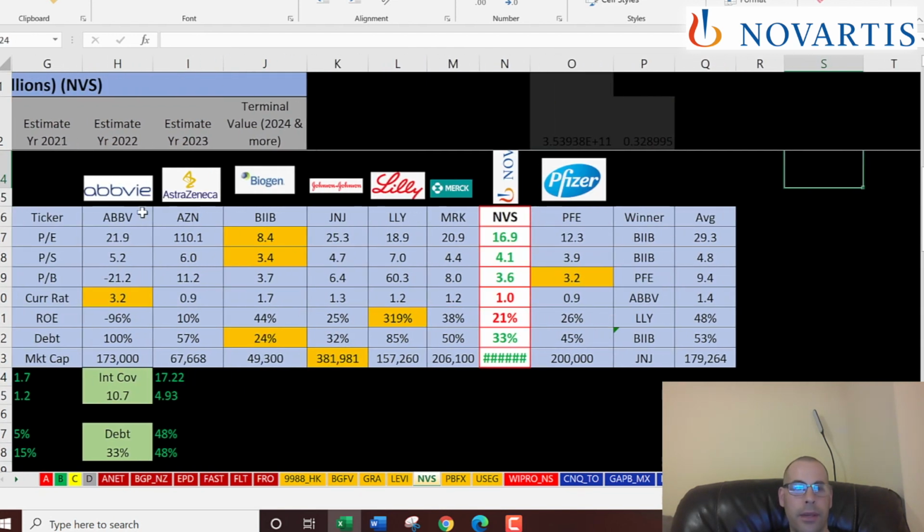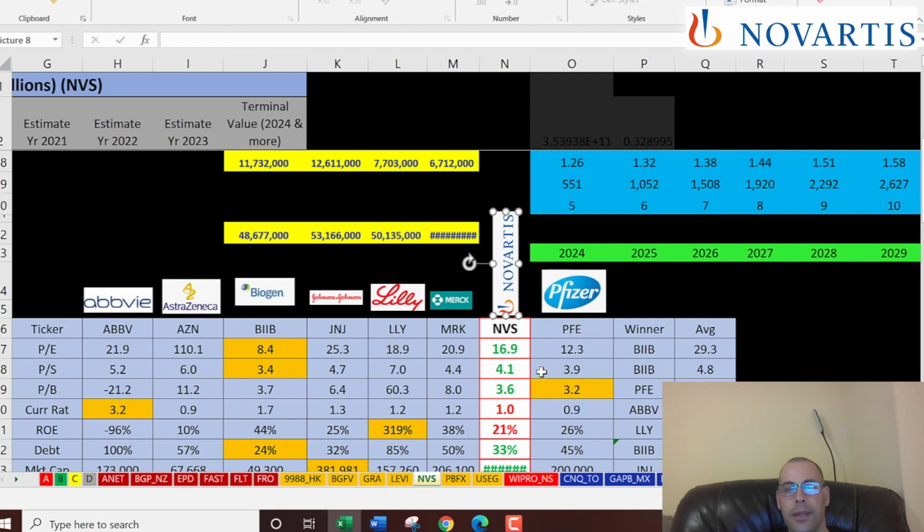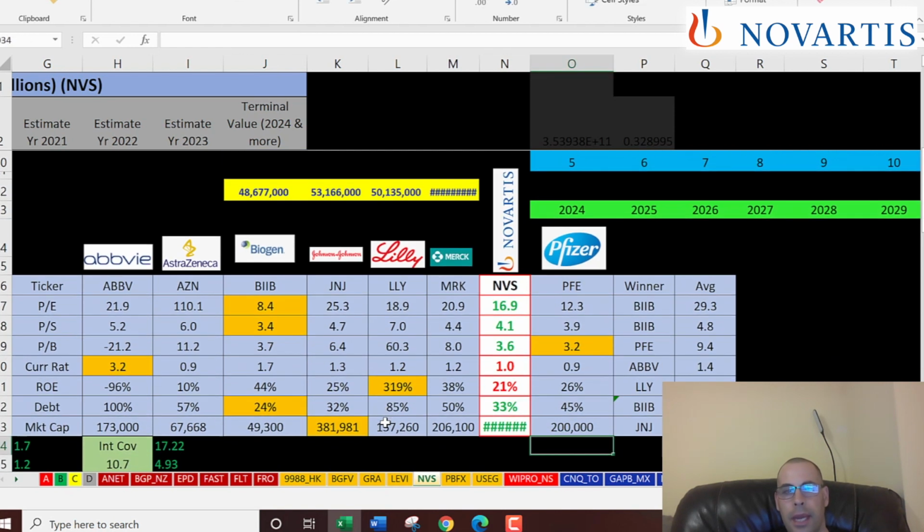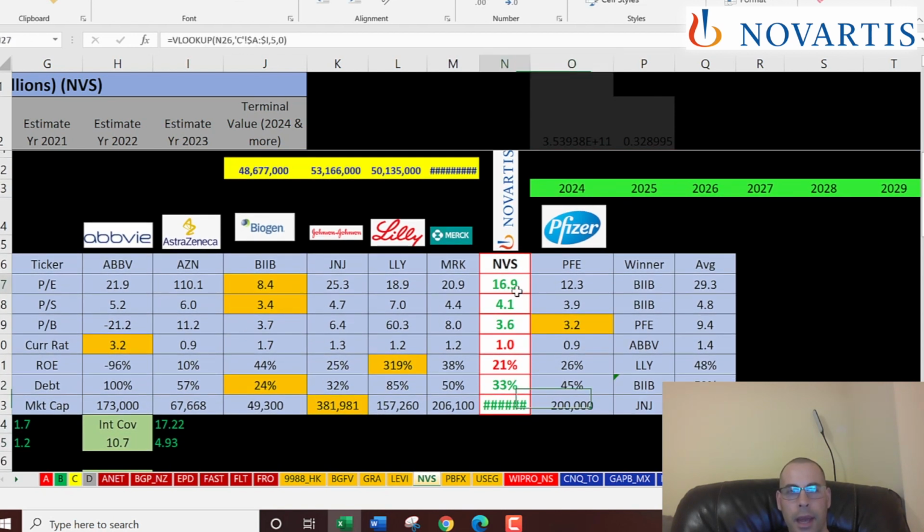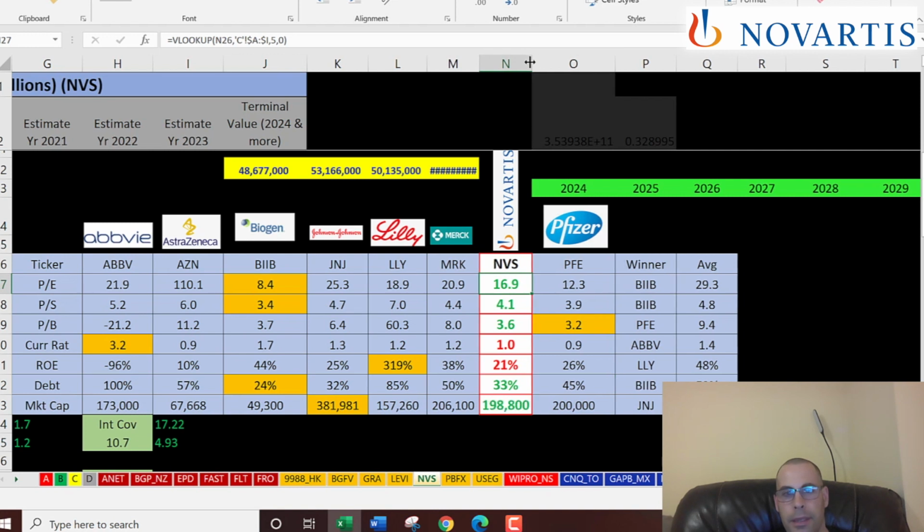The best way to look at ratios is to compare them to similar companies. I've done videos on AbbVie, AstraZeneca, Biogen, Johnson & Johnson, Eli Lilly, Merck, and Pfizer. And these companies are in the same industry as Novartis. And if Novartis' number is in green, that means they're better than the average. If they're in red, they're worse than the average. So they have a better than average PE, price to sales, and price to book.